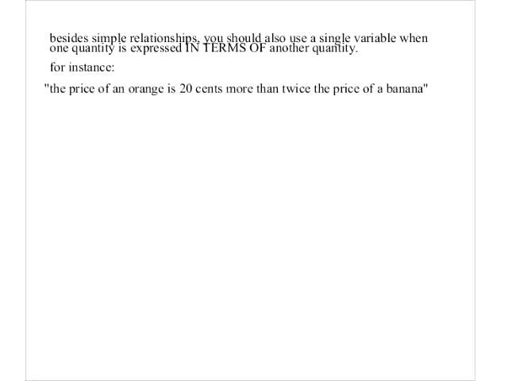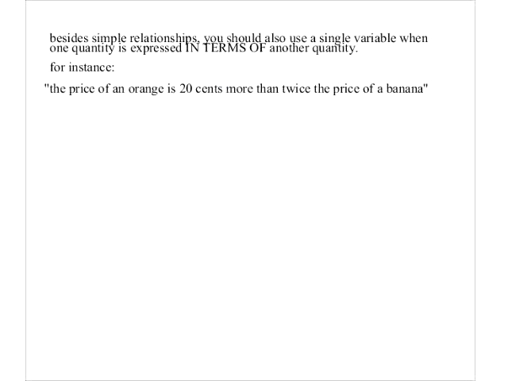For instance, the price of an orange is 20 cents more than twice the price of a banana. Okay, so you have an orange expressed in terms of a banana.